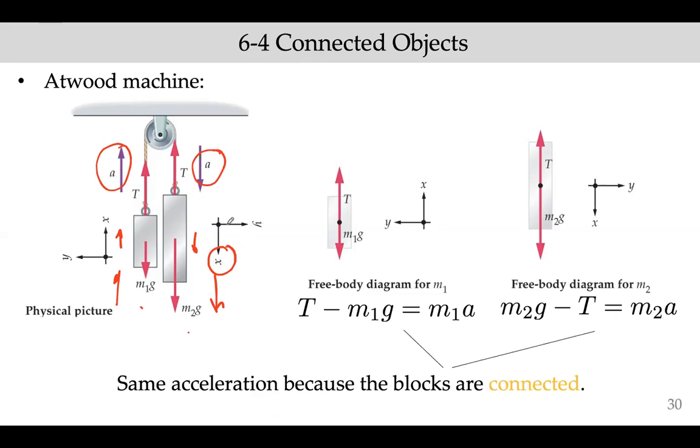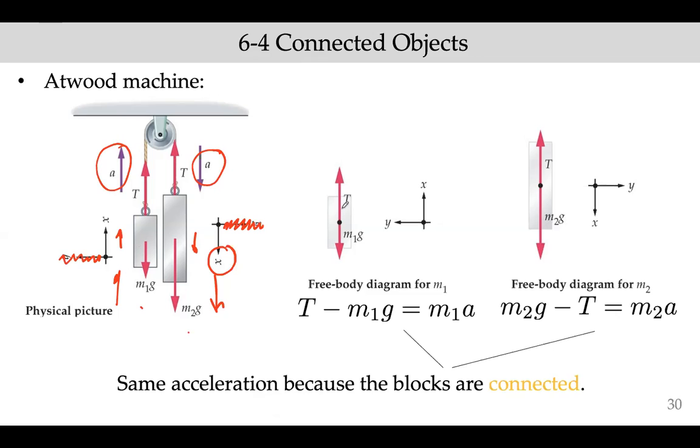In fact, in this one, we don't need y, it's just x. Here it's in the up direction. So the coordinate system is actually following the rope. For this object, the up direction is positive. For this object, the down direction is positive. You can do this when the objects are connected with a rope.